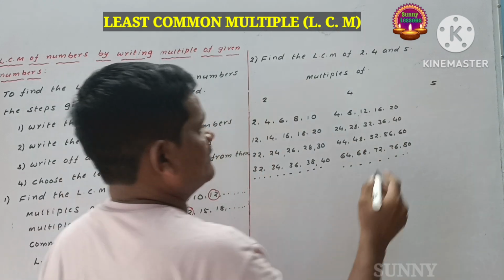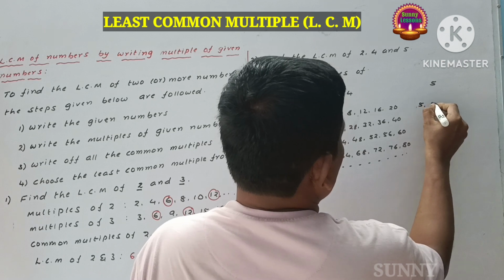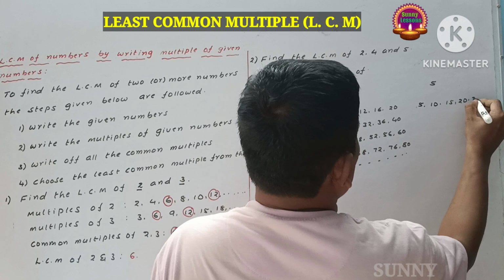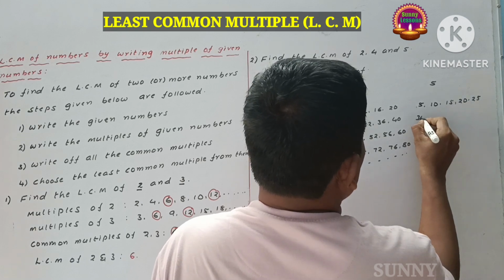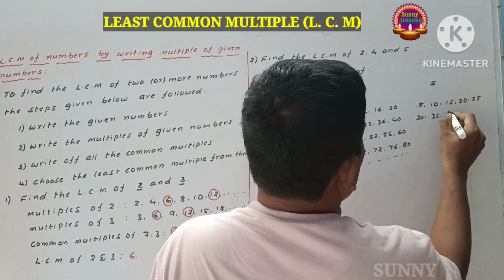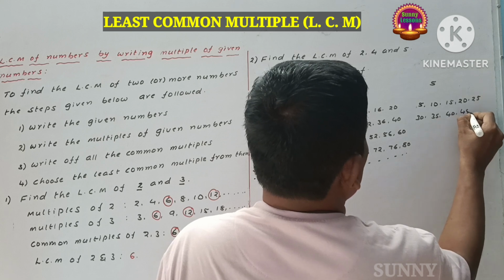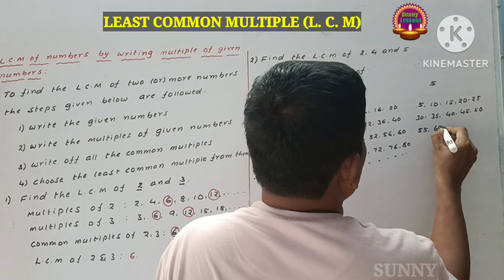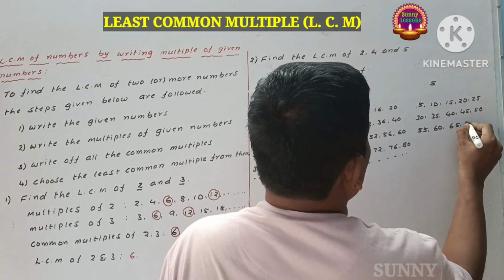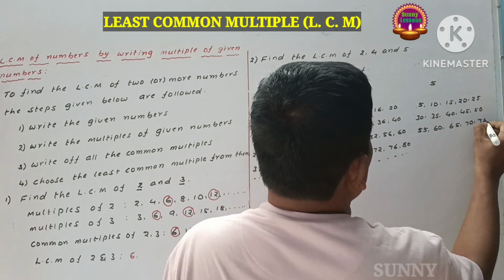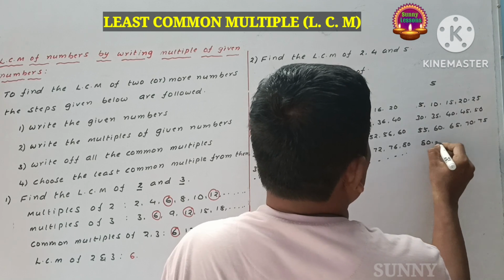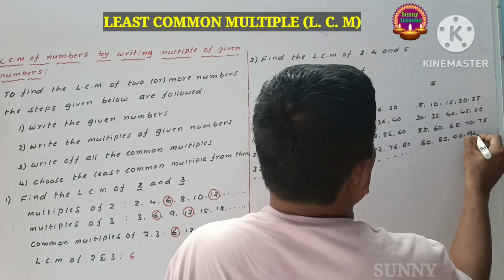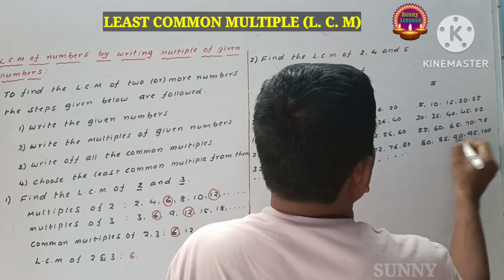The multiples of 5: 5, 10, 15, 20, 25, 30, 35, 40, 45, 50, 55, 60, 65, 70, 75, 80, 85, 90, 95, 100 and so on.